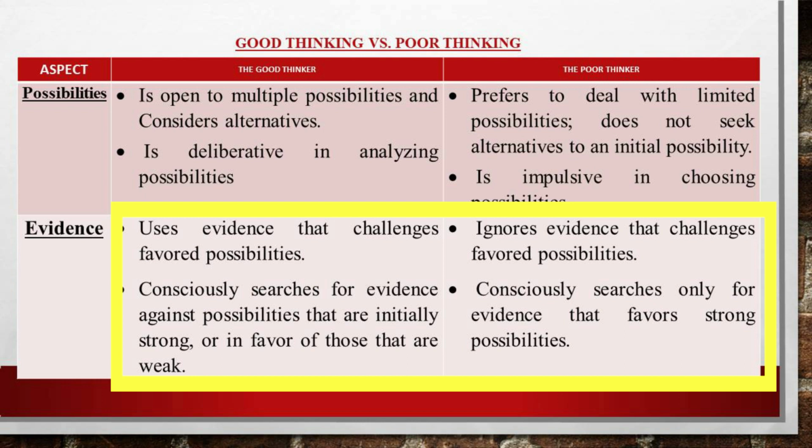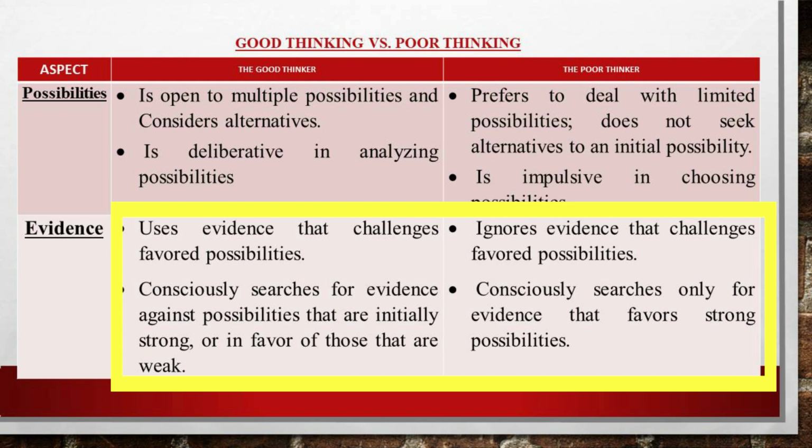In opposite of that, we find the poor thinker in evidence. A poor thinker ignores evidence that challenges favorite possibilities. Also, a poor thinker searches for evidence that favors strong possibilities.